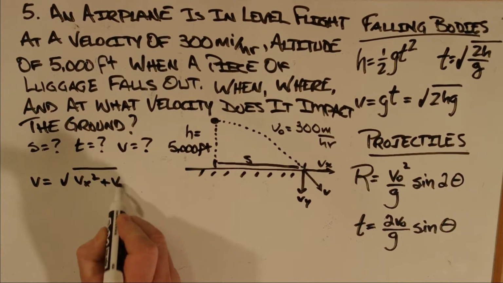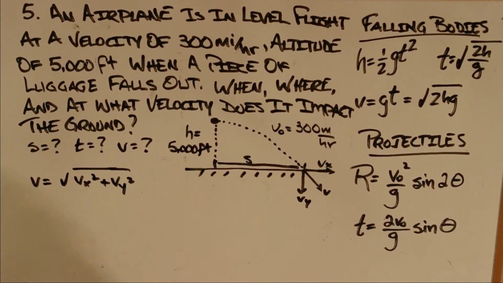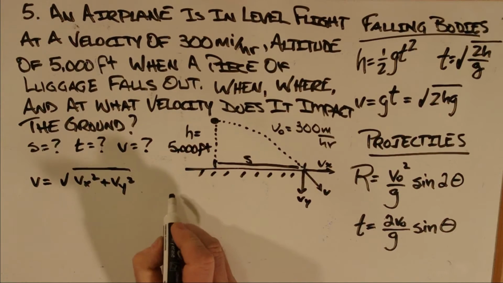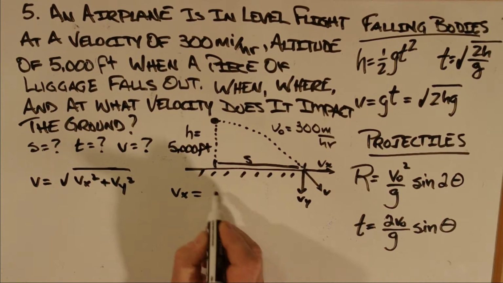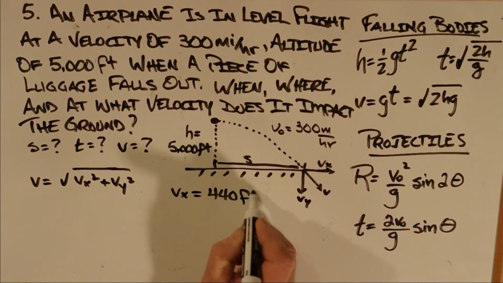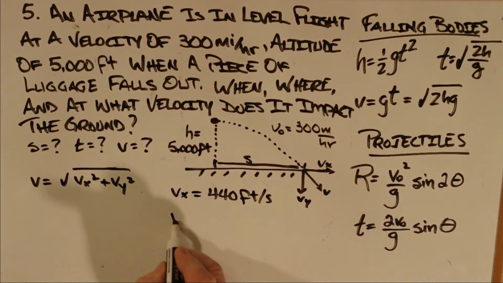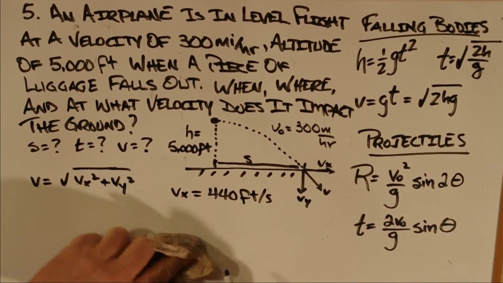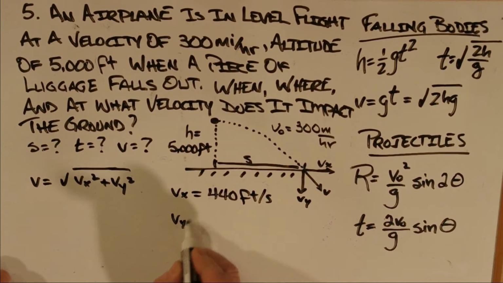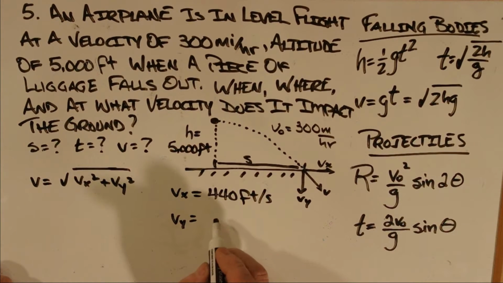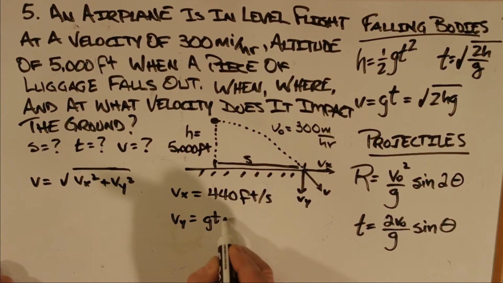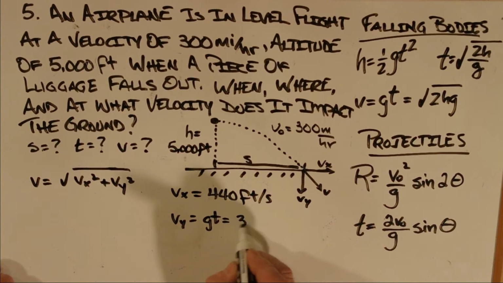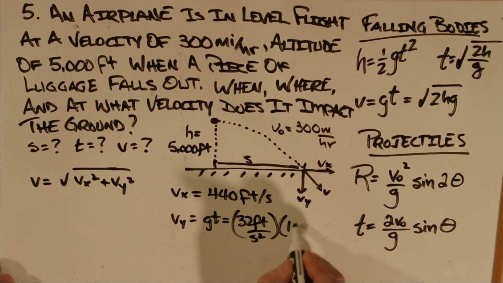For the final velocity, the impact velocity, use the Pythagorean theorem. It's going to be the square root of the sum of the squares of the horizontal and vertical components of the luggage velocity. Of course, the x component is 440 feet per second. The y component of the velocity is going to be gravitational constant times time, which is 32 feet per second squared times the time that we calculated, 17.7 seconds.